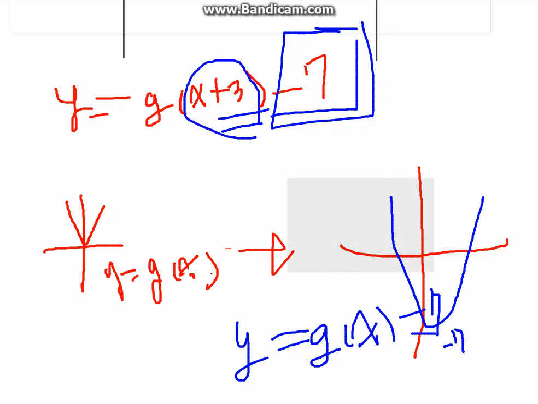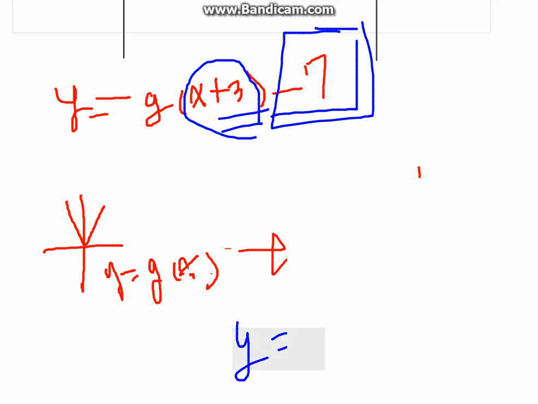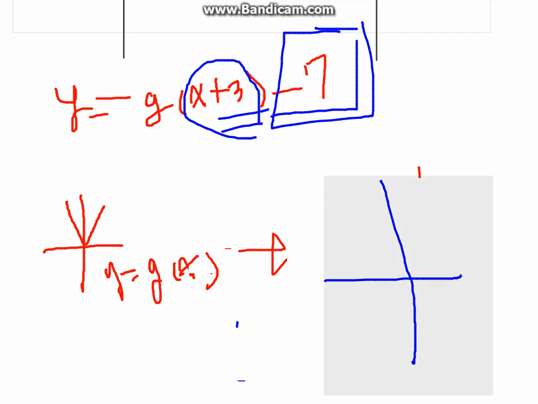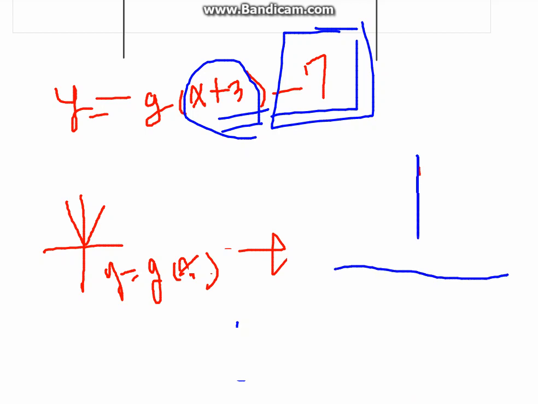Please forgive my graphs. When we do the horizontal shift, we said that positive is going to go to the left and negative is going to go to the right. Do you remember? So we're going to use that again.